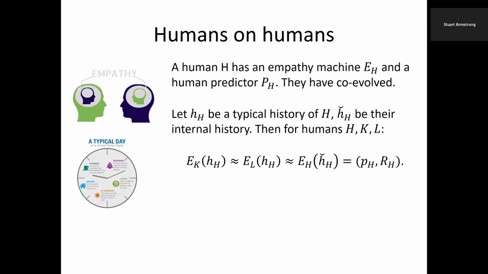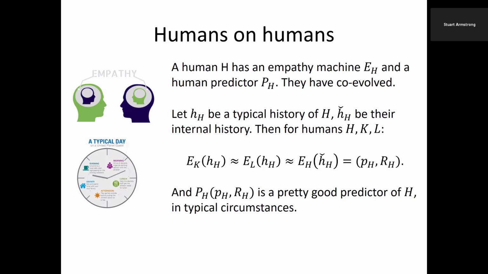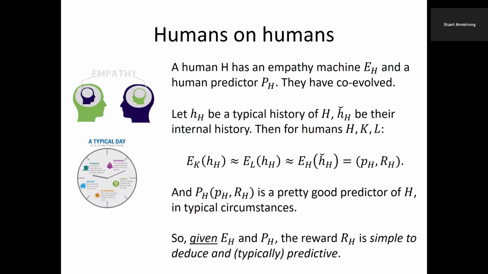So these empathy modules all give pretty much the same thing on typical histories. And then if you feed these things to the predictor, then in typical circumstances, this is a pretty good predictor of human action. So given the empathy module and the preference model, the reward is simple to deduce, and typically it is predictive.